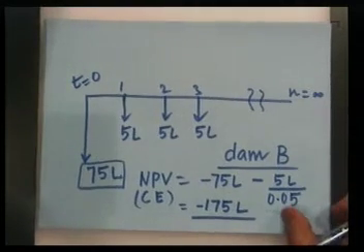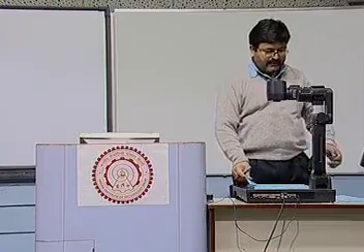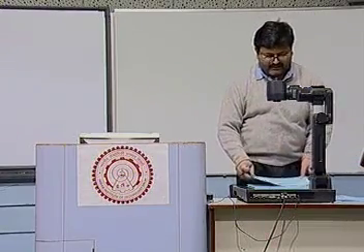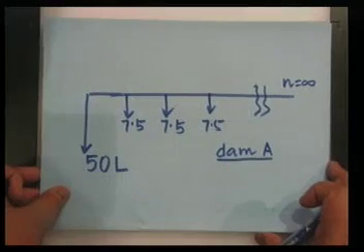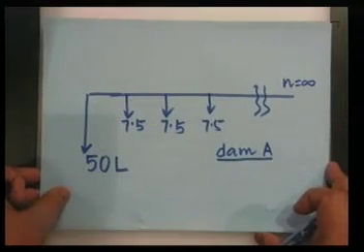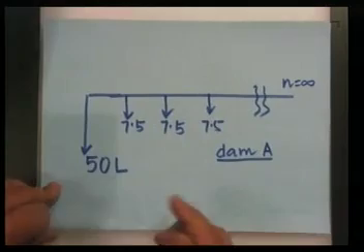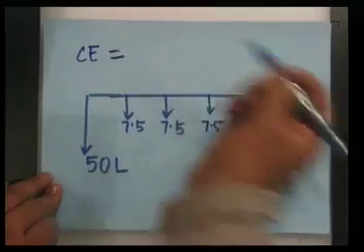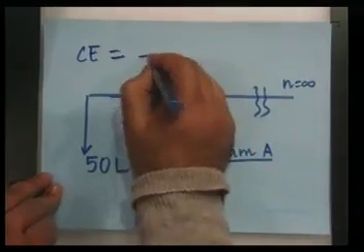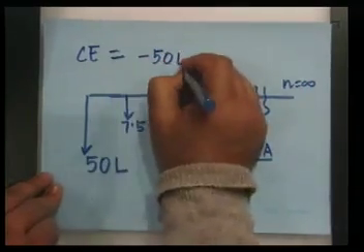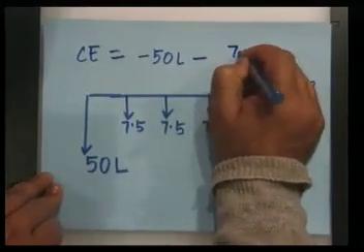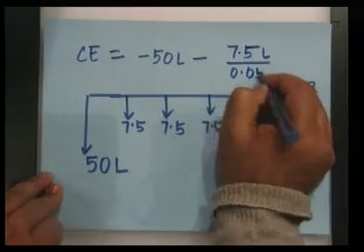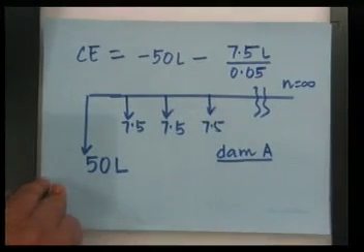In the same manner, you can calculate the capitalized equivalent for dam A. It would be equal to, capitalized equivalent CE for this would be minus 50 lakhs minus 7.5 lakhs divided by 5%, which is 0.05.